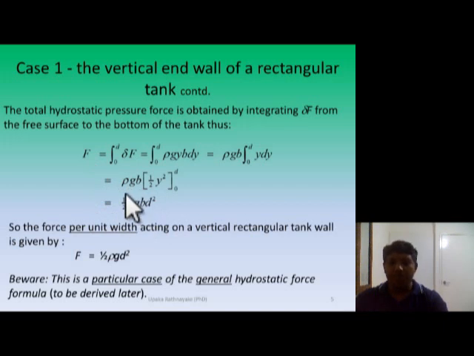Can we prove this one? Yeah, it's simple, isn't it? See, now we started with a triangular distribution of pressure starting from 0 to rho g d. That's a triangular variation. So how can we transform this triangular variation to a uniform distribution? It's simply the average, isn't it?